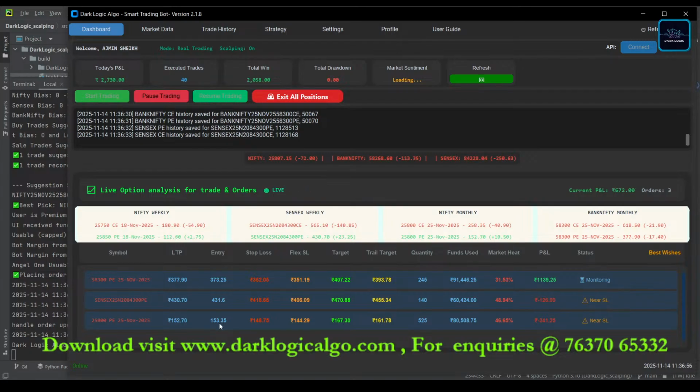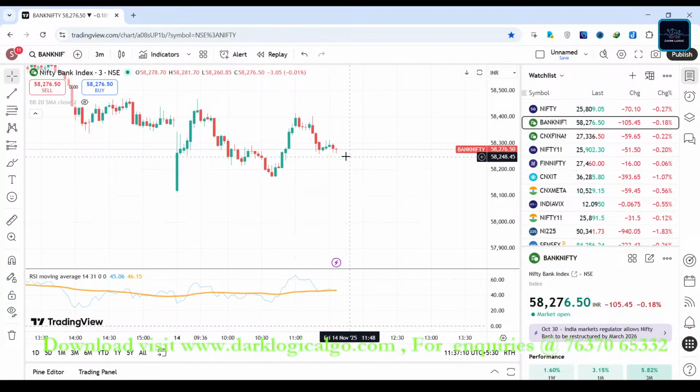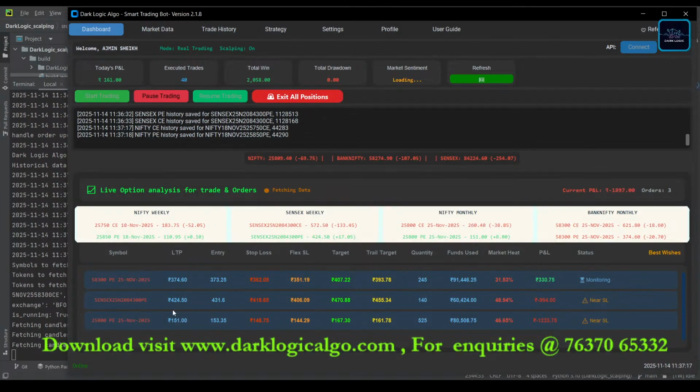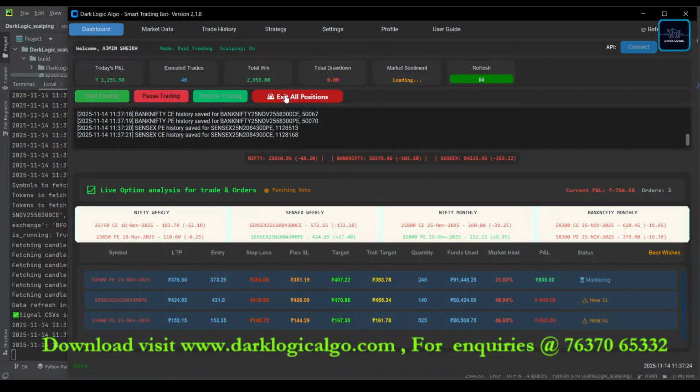Whenever you think the market will not follow the downtrend, which is now the bot is trying to create the put side position only, then you can directly exit your position over here if you feel uncomfortable.